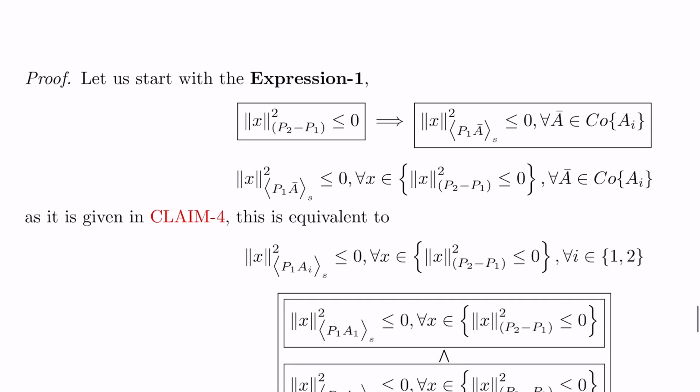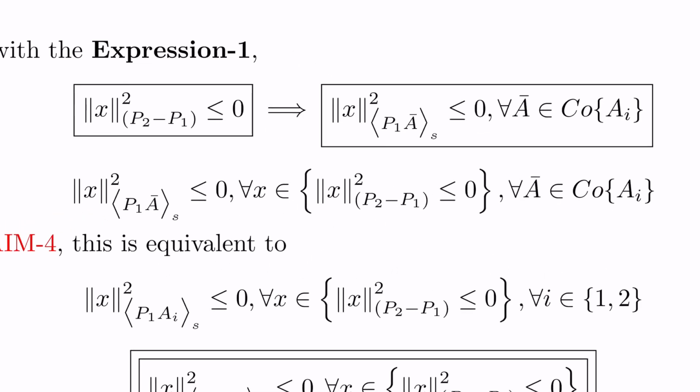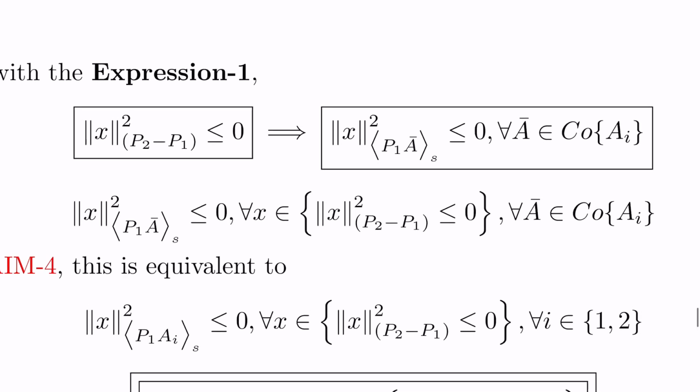Let us start with, I'm just writing the expression 1, right? Here, this is another way of writing the same expression. I'm just saying that, for example, if x is in this set, then this is true, right?